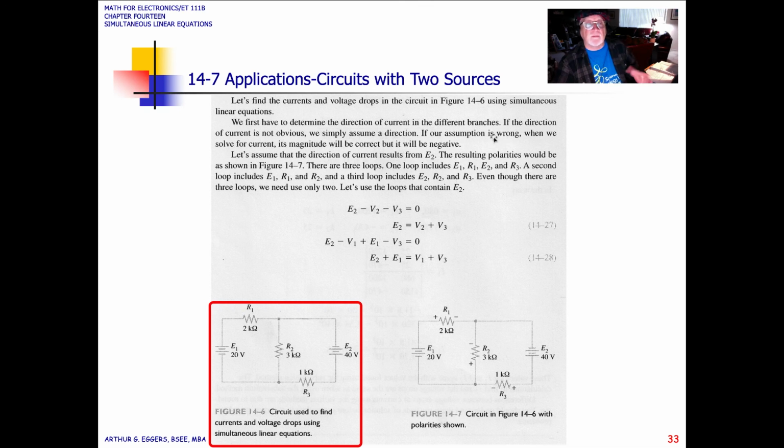So we have to look at the polarities involved so that we make sure we have our positive and negative signs showing the direction of current across each of our components. We've got three resistors here, again, R1, R2, and R3 in a little different configuration, and the configuration will depend on which side of the schematic the resistors show.